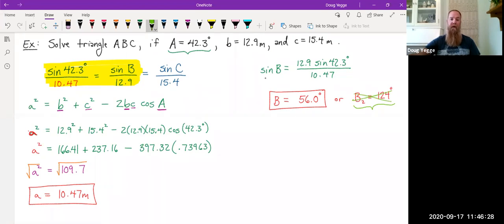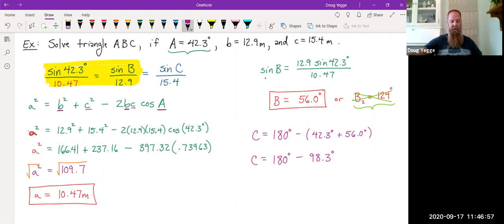And so now in order to find angle C, the easiest way to do so is just to realize that angle C is 180 degrees minus the sum of the other two angles. So 42.3 degrees plus 56.0 degrees. Okay, so that gives me 180 minus 98.3 degrees.